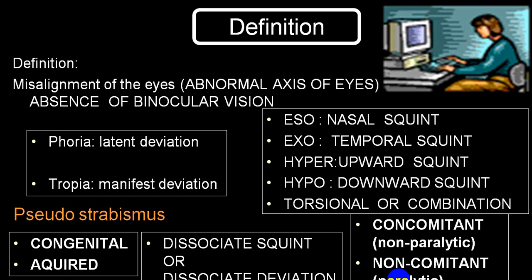These are some of the words. And once in a while, you see a person with an excess of epicanthal fold; you call it pseudo strabismus.